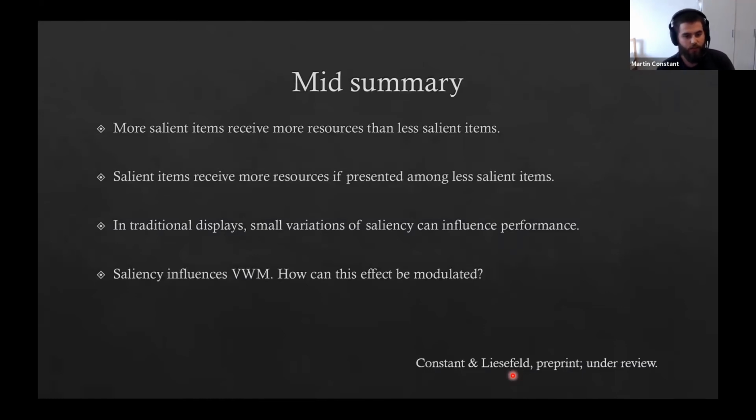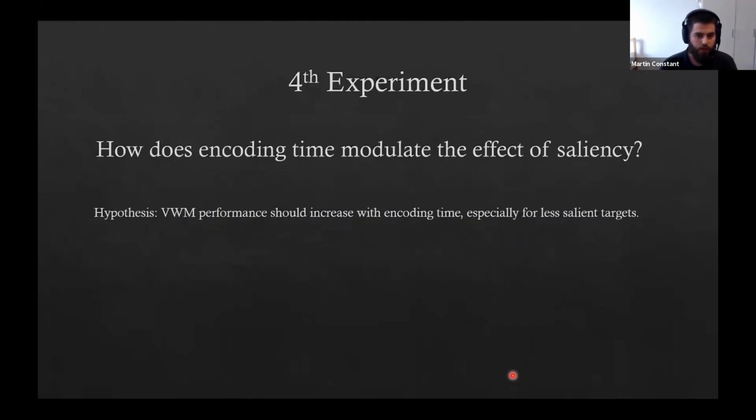But then we do know that it influences visual working memory. So how can we modulate this effect? We first tried to modulate this effect with encoding time. So by increasing the encoding time, we expected that performance would increase for all targets, but especially for less salient targets.